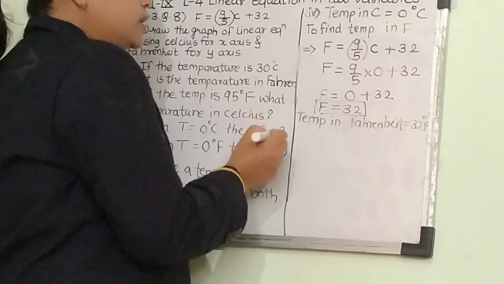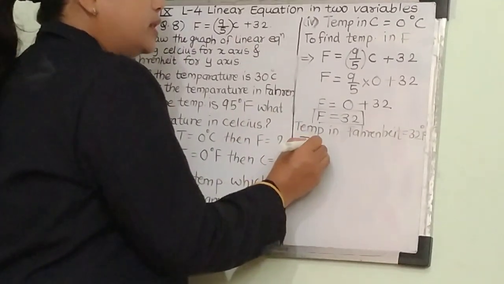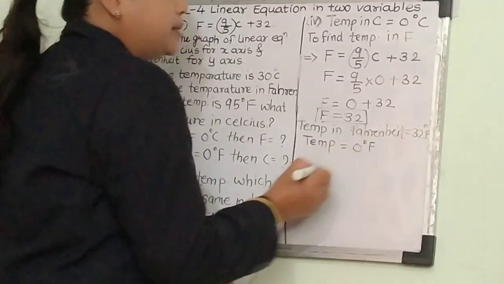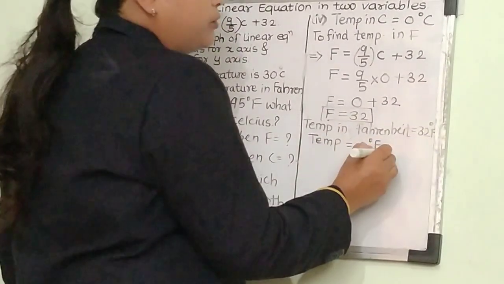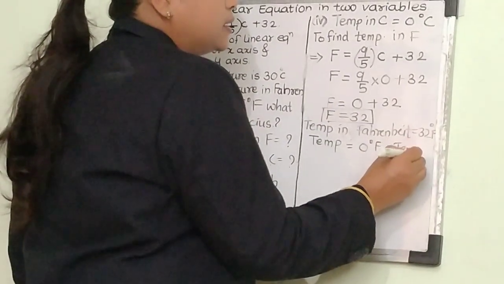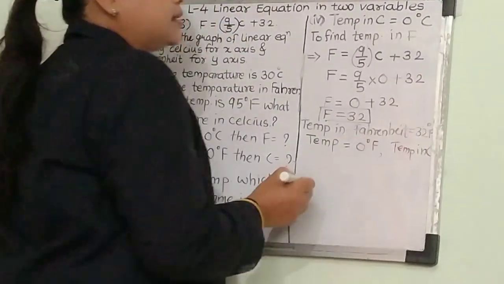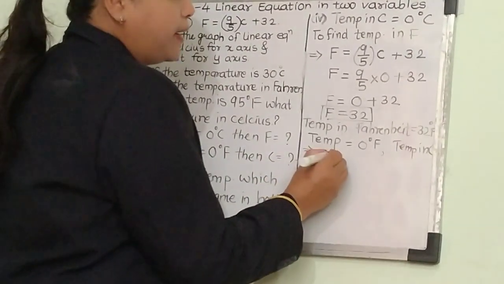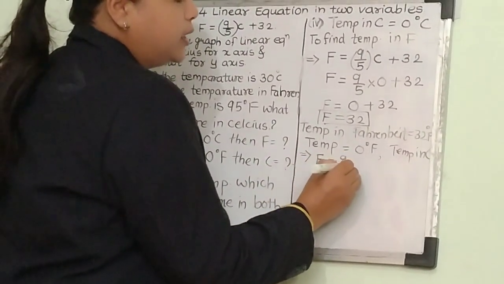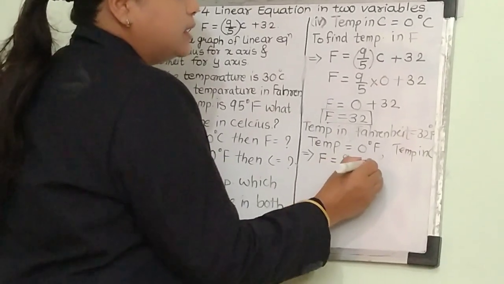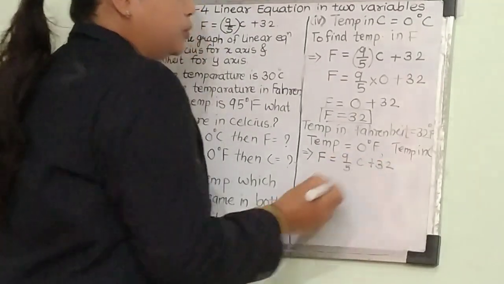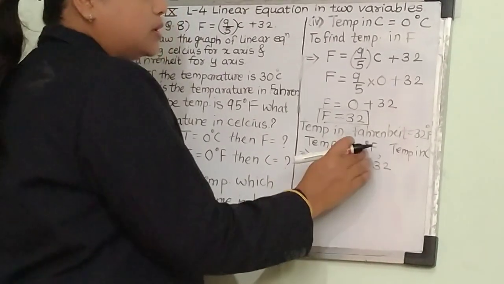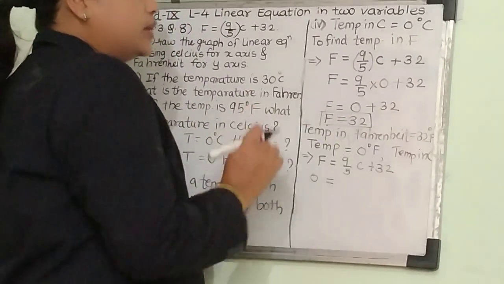Here one more question is there. When we have given the temperature equals to 0 degree Fahrenheit, then we have to find the temperature in Celsius. So again I am going to use the same formula, F equals 9 upon 5 C plus 32. Here F becomes 0, because the temperature is given 0 degree Fahrenheit.